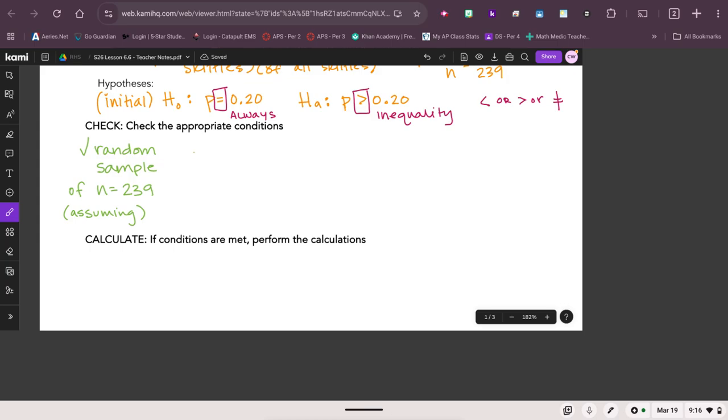The next up is making sure our sample size is small enough in comparison to the full population of Skittles. So our sample size was 239.